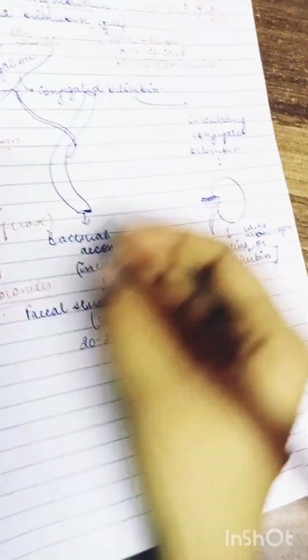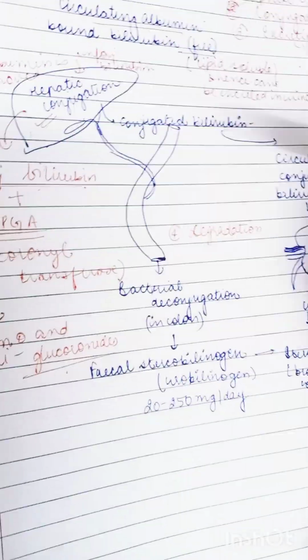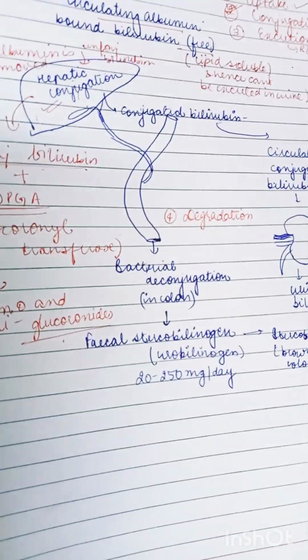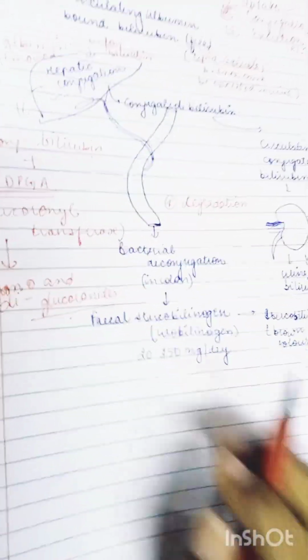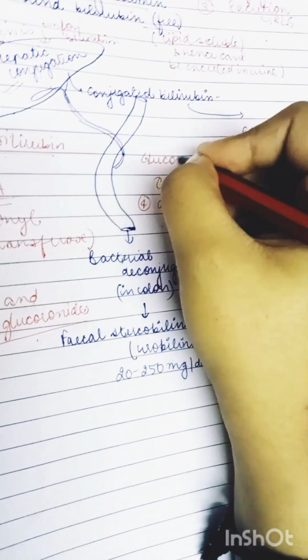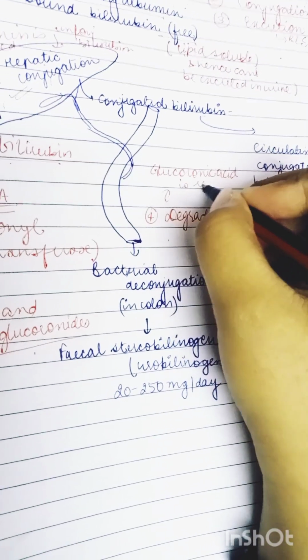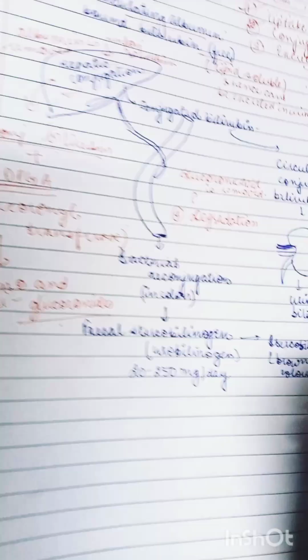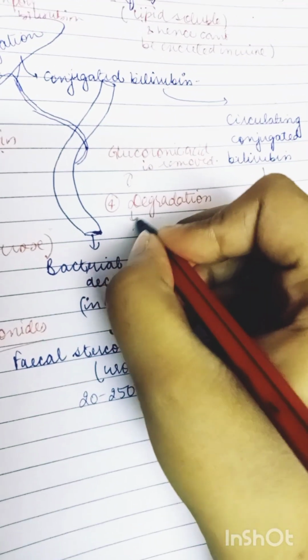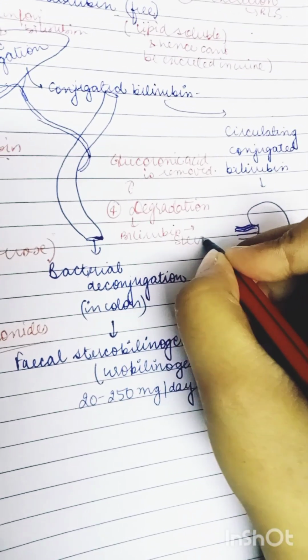Then the fourth step is degradation. When the conjugated bilirubin is excreted into the bile canaliculi, which is an active process, the next step is degradation. The glucuronic acid which was conjugated with the bilirubin is removed, and bilirubin forms stercobilinogen.